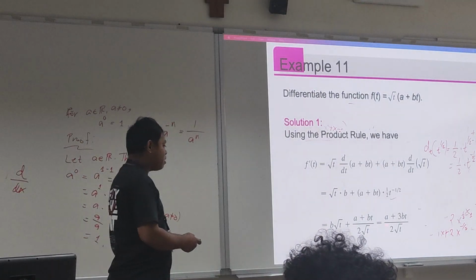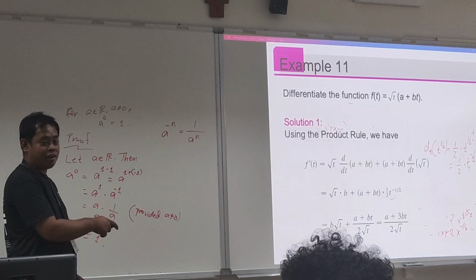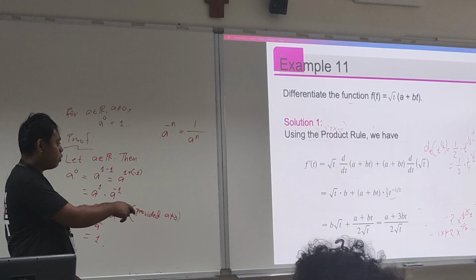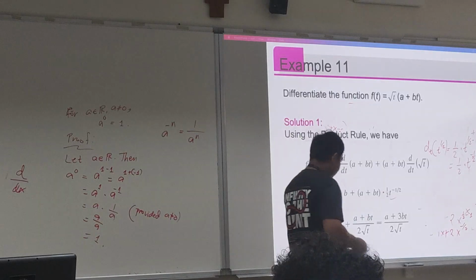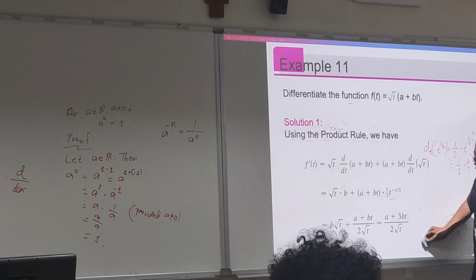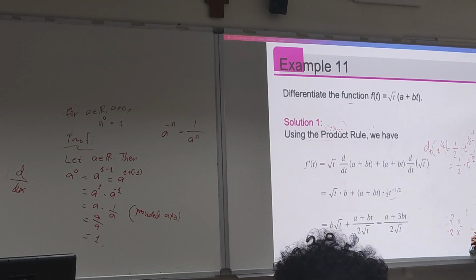So next we need to combine these two terms. By finding the LCD, we have 2 square root of T. So combine this one, this is just A plus B times C. Then as you observe here, may radicals sa denominator, meaning hindi pa siya simplified.